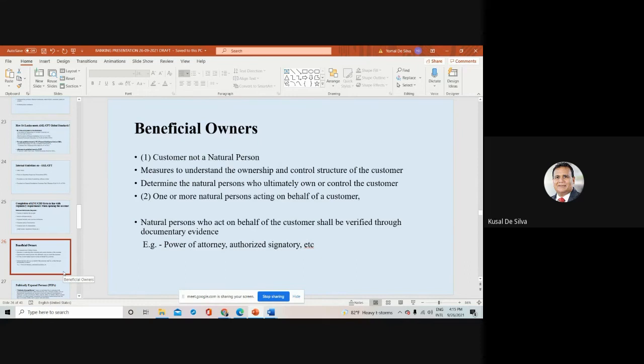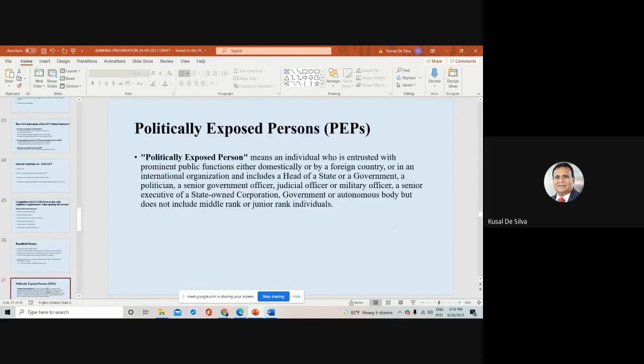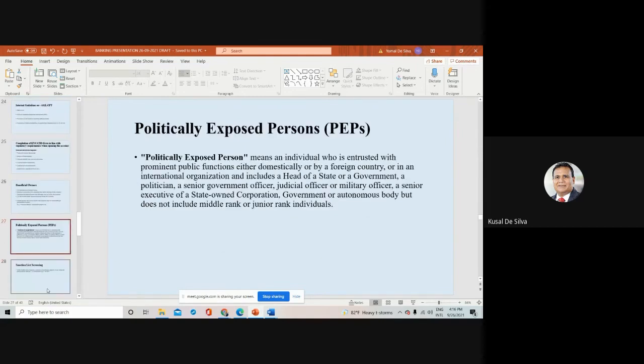Then under compliance, we have discussed AML, CFT, CDD, TDD, beneficial ownership, KYC. Then we will move to another very important thing, politically exposed persons, which we call PEPs. Why is this also a requirement?